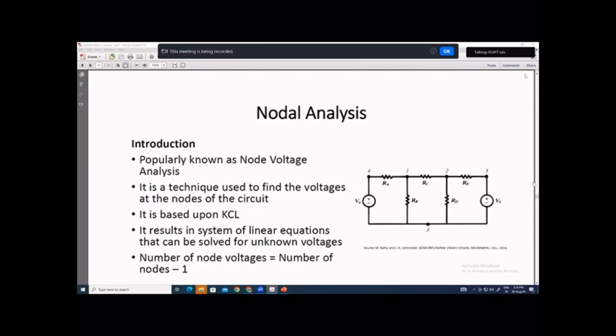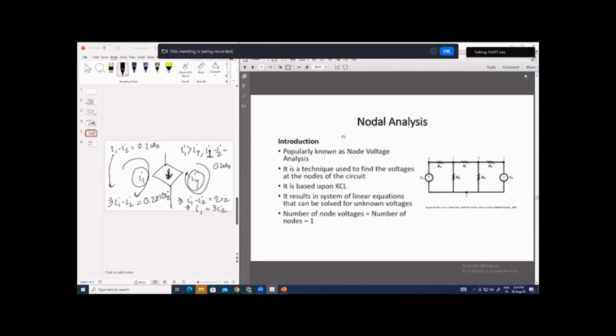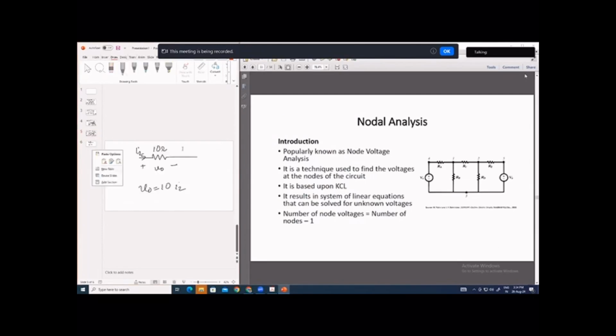Now, the question you should ask is why not the fourth node as the ground node. The circuit may look like this. This is the voltage source.